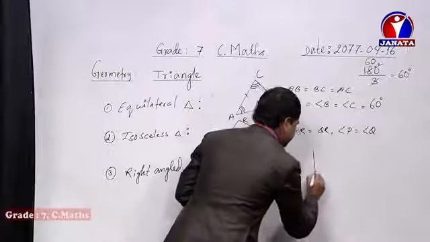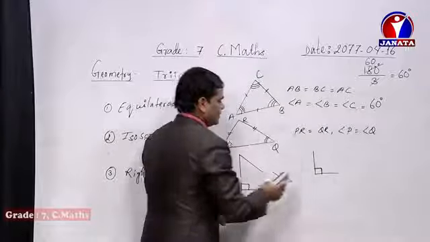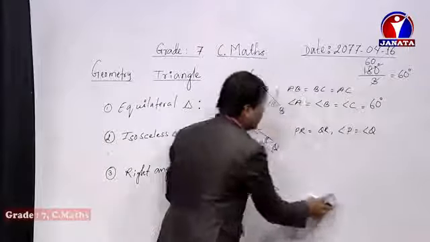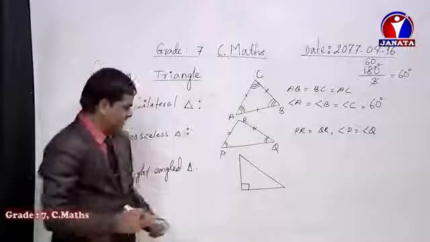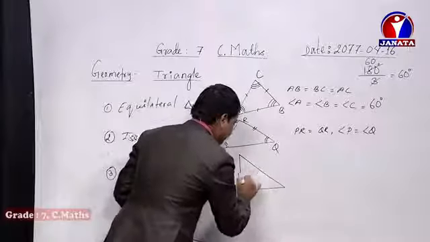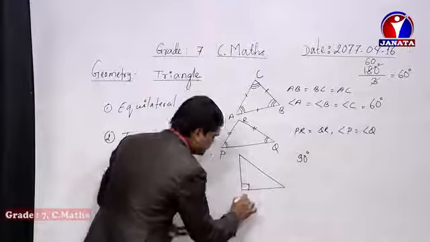This sign represents 90 degrees. If it is given in any figure, then you need to understand here is 90 degrees. So rather than writing 90 degrees here, it will be represented by this sign.